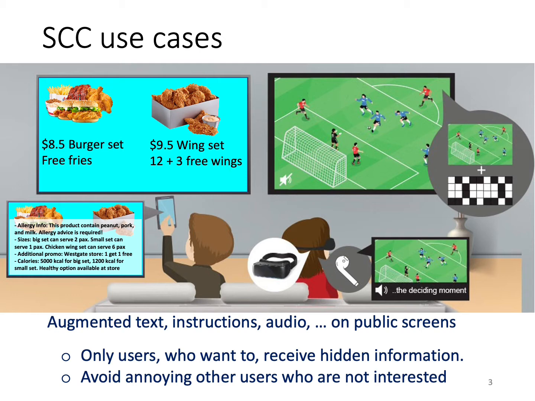You can also use screen camera communication to transmit commentary voice to a user. Only the user who uses a camera, for example in a pair of smart glasses, to decode the audio will hear the voice via the earbuds, and it won't annoy others who are not interested in the game.